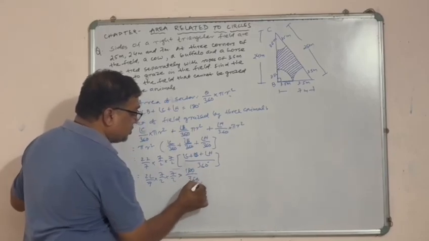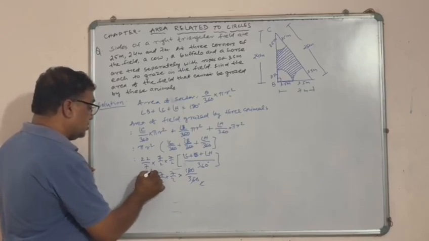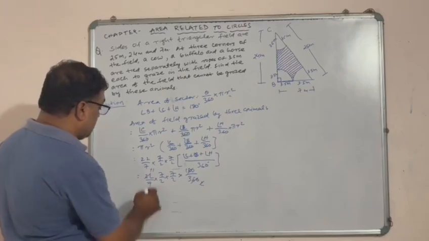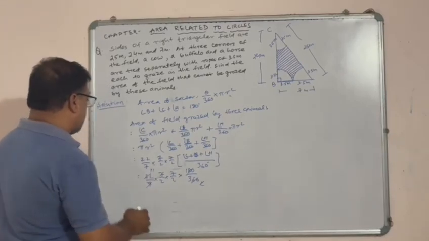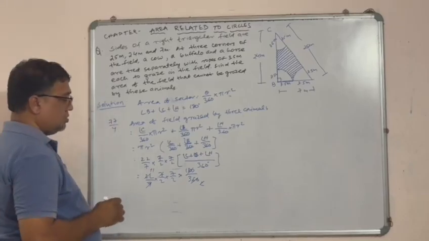So 180 2s are 360, cancel 2. 11. So 7 7s are 49, 49 and 7 will be cancelled. 11 7s are 77 by 4. 77 by 4.